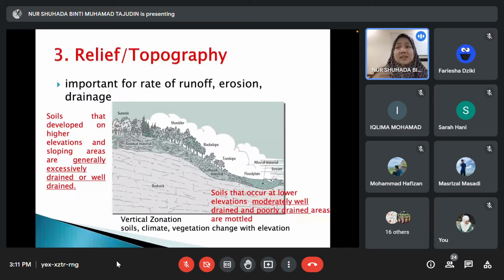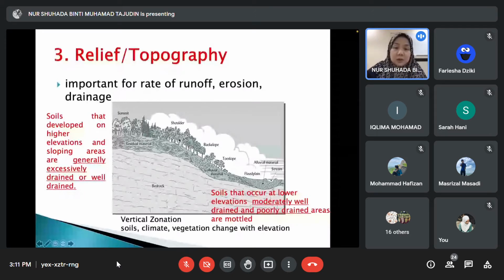Okay, weathering process yang menyebabkan tanah tu berlaku soil formations. Okay, so usually at the top of the soil, when there is rain, air takkan bertakung dekat sini. The soil won't be stagnant here. It will move down here through runoff.